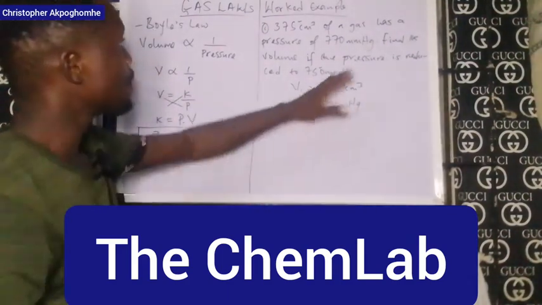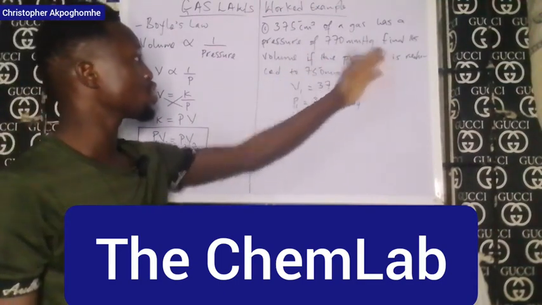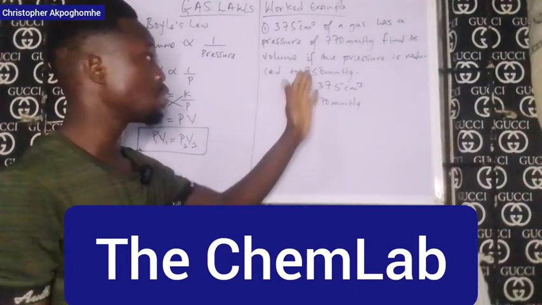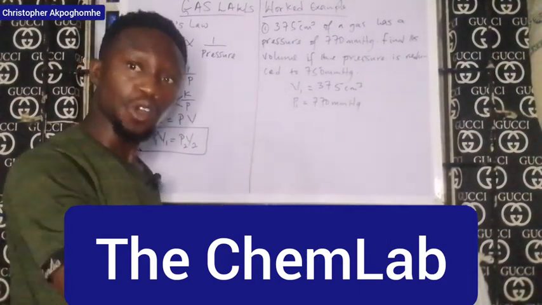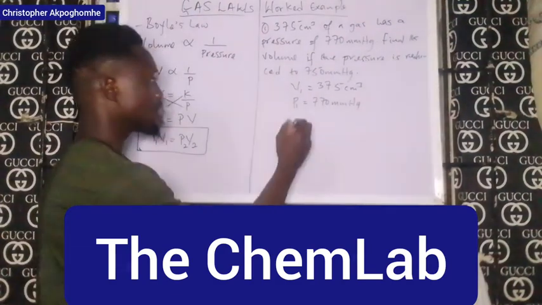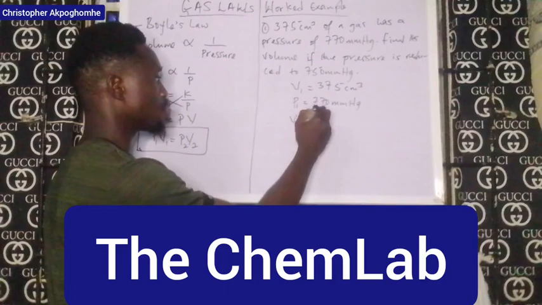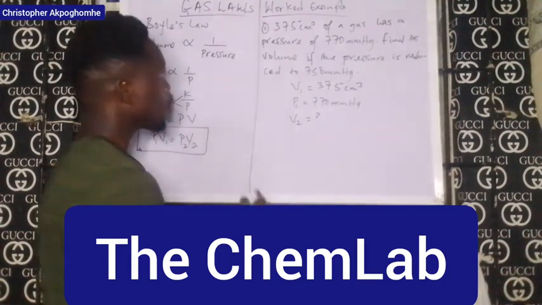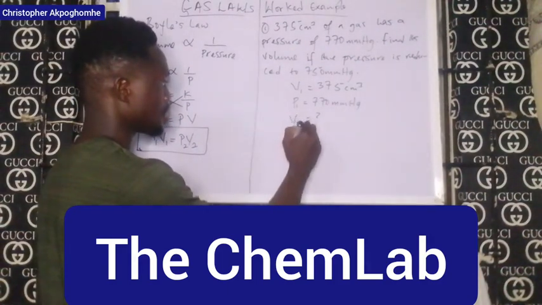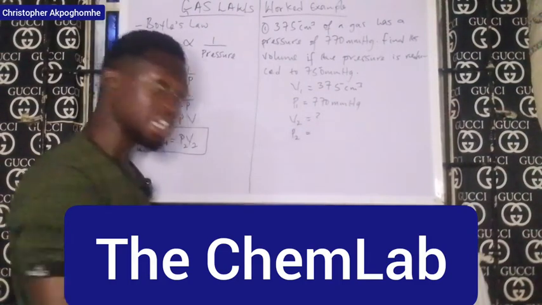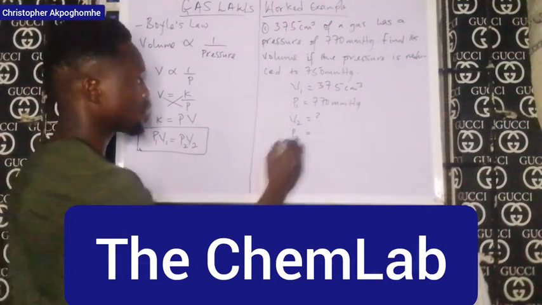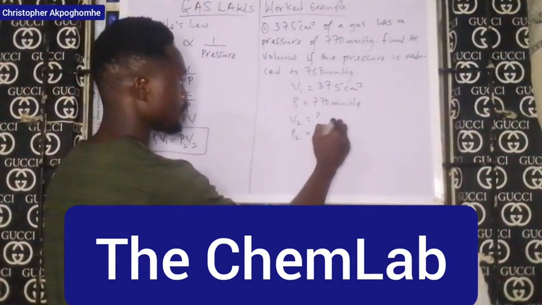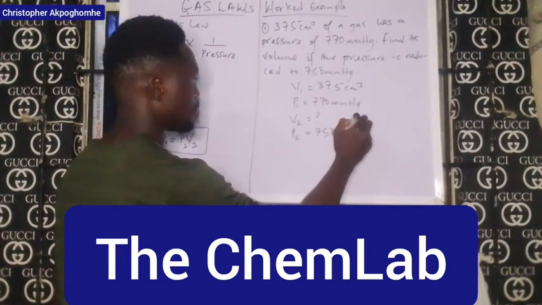Now the question says find its volume if the pressure is reduced to 750 mmHg. So find its volume. That is the volume that it changed to, V2, at what pressure? That is the pressure that results from that volume that it changed to, 750 mmHg.